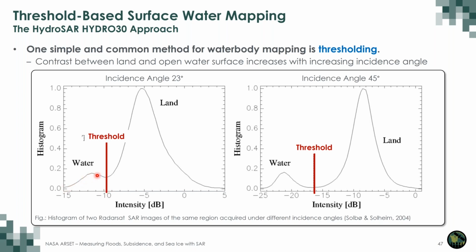So this black line here in the background is a histogram of one SAR image. What it shows you is that most pixels have a radar brightness of roughly minus 5 dB, somewhere between maybe minus 8 and minus 2 dB. These are pixels that predominantly belong to the class land.